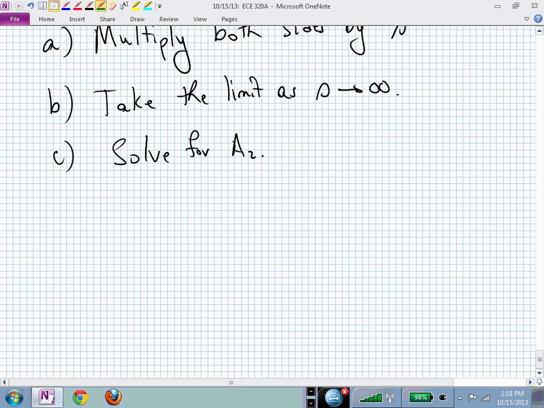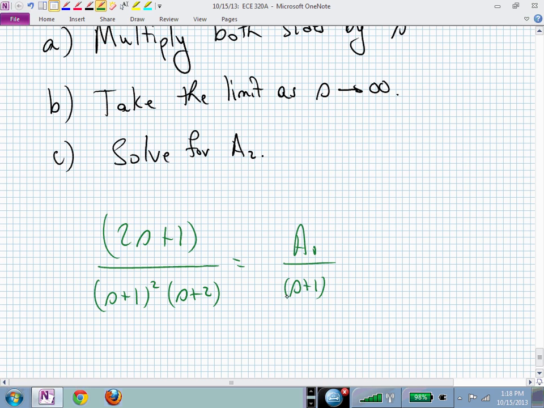We had our left-hand side, which was f of s. That was 2s plus 1 over s plus 1 squared s plus 2. And then we had a1 over s plus 1 squared plus a sub 2 over s plus 1 plus a sub 3 over s plus 2. And if we want, we can replace these with what we know they are. This was minus 1, and this was minus 3.